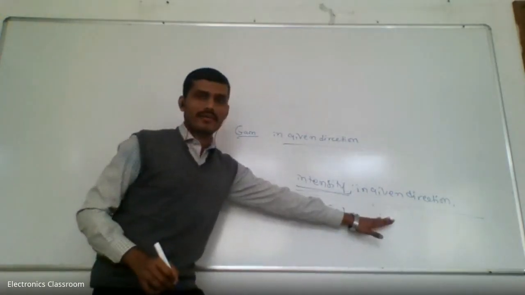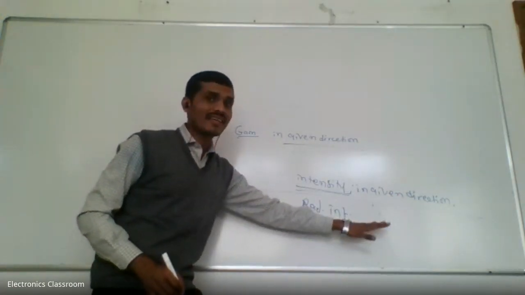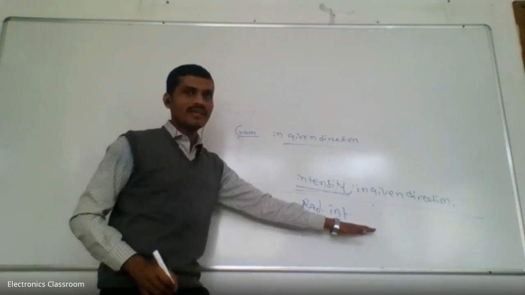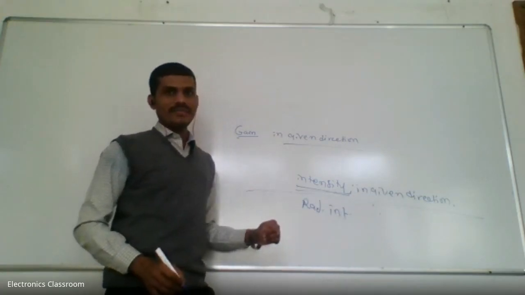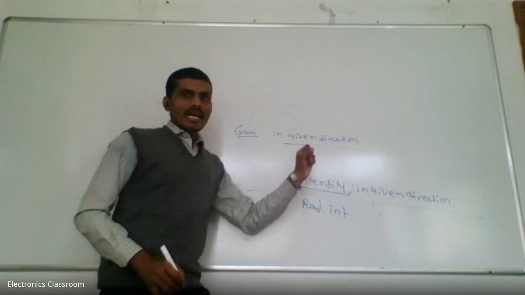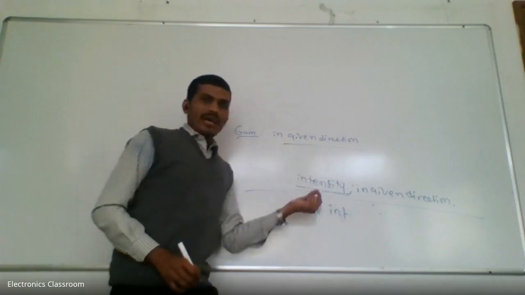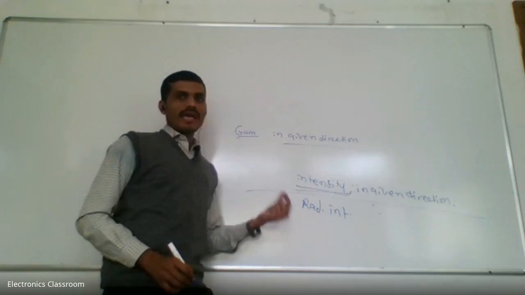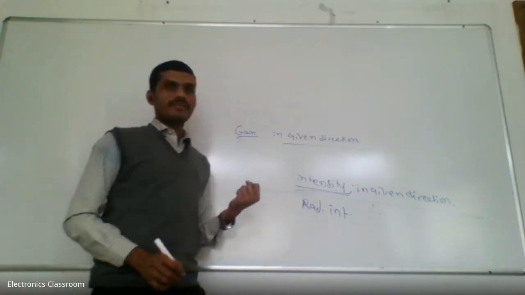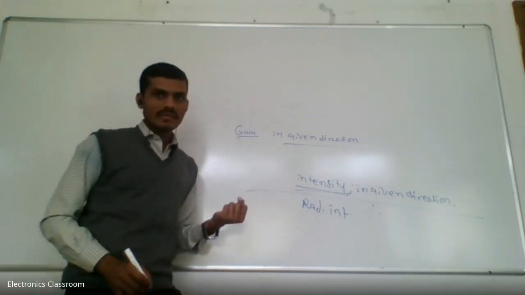but कुठली radiation intensity? In that radiation intensity, power accepted by this direction is isotropically. That clear?